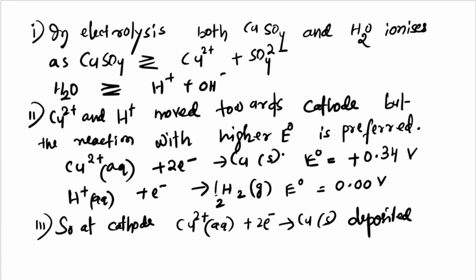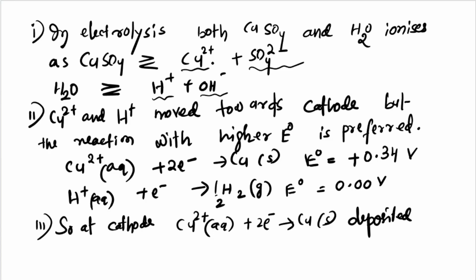In the electrolysis, both copper sulfate and water are ionized, because both are ionic compounds. So CuSO4 gives Cu plus 2 and SO4 minus 2, and water also gives H plus and OH minus. That means Cu plus 2 and H plus move towards the cathode. Similarly, SO4 minus 2 and OH minus both move towards the anode. But what happens correctly?